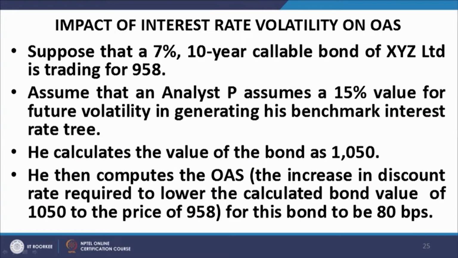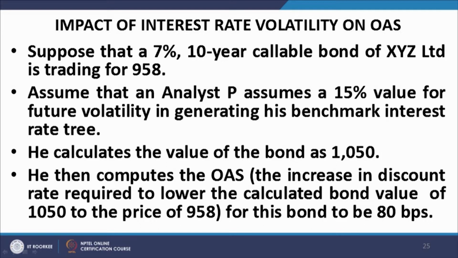Let me now explain this by an example. Suppose that a 7% 10-year callable bond of XYZ is currently trading at 958. Assume that an analyst P assumes a 15% value for future volatility in generating the benchmark interest rate tree.